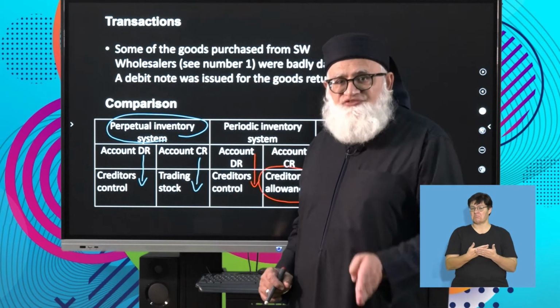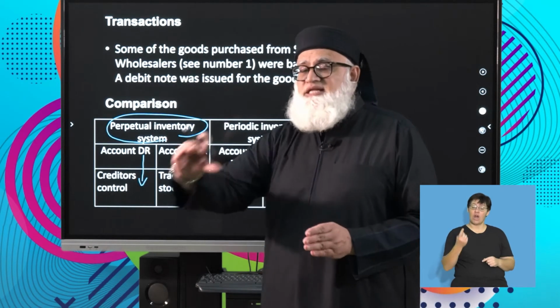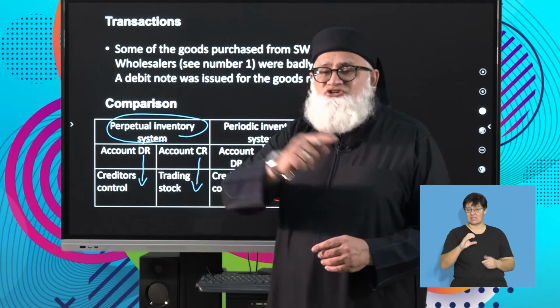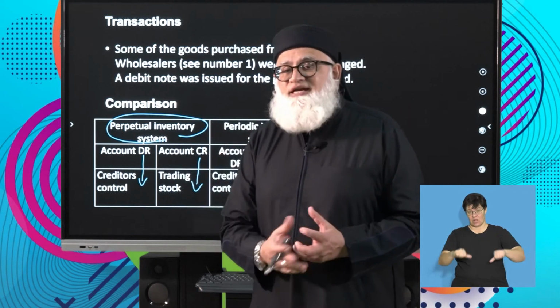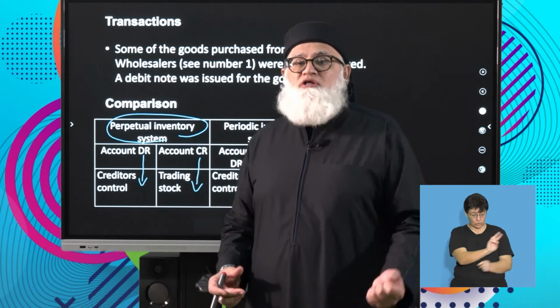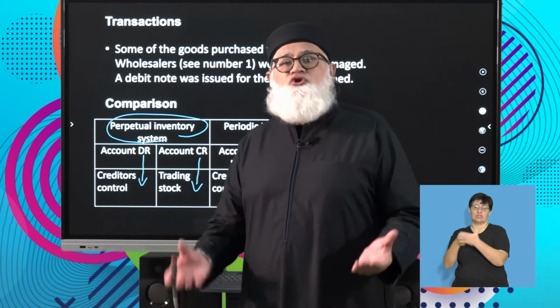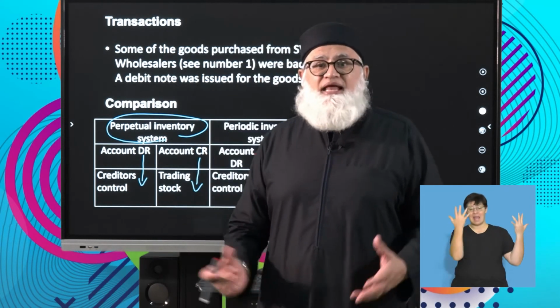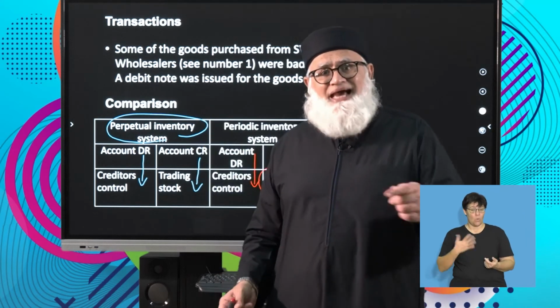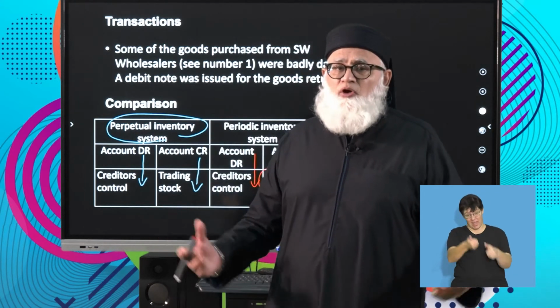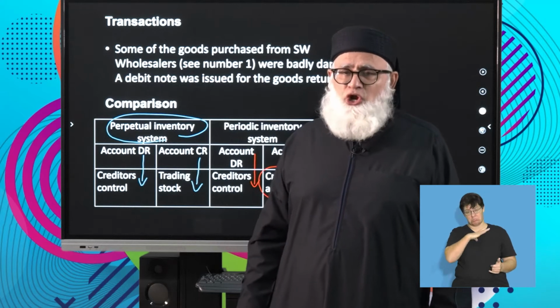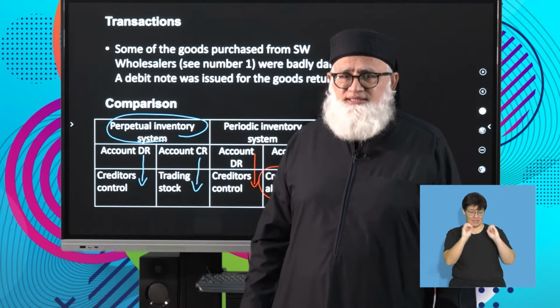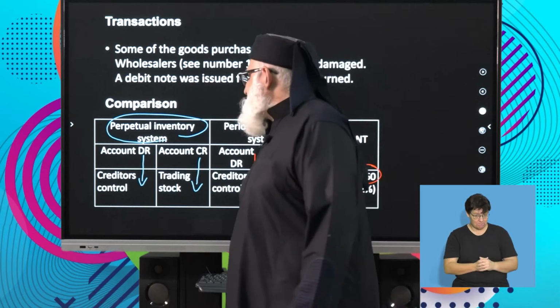However, it is preferable to take it to your creditors allowances account and then transfer the total creditors allowances to your purchases account. However, if you're doing a calculation and you want to subtract your return directly from your purchases, by all means, no problem at all. Right? Okay, that transaction is done and dusted.